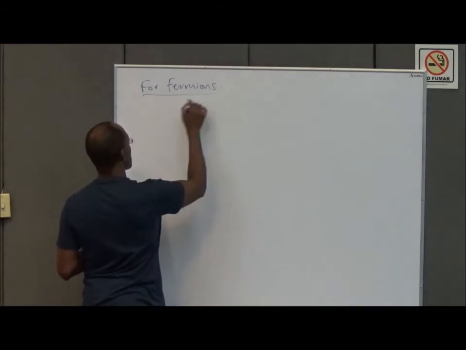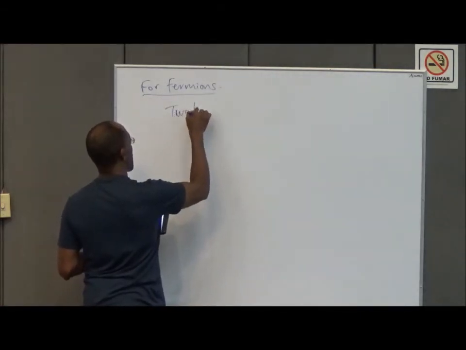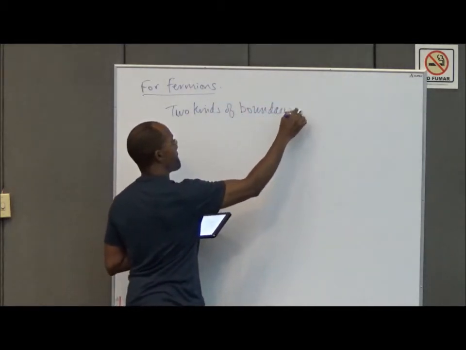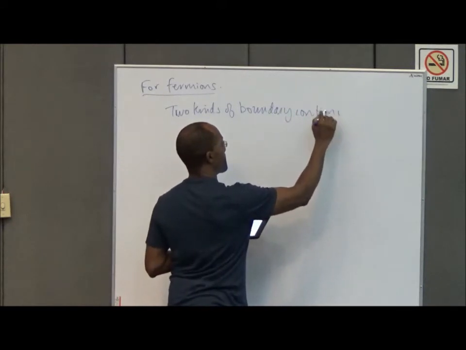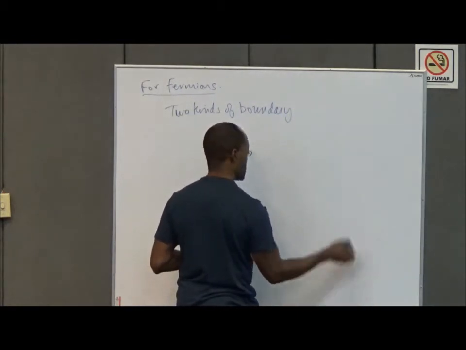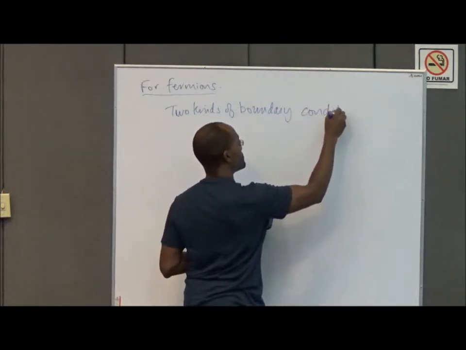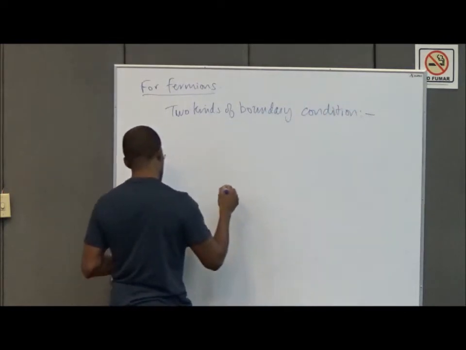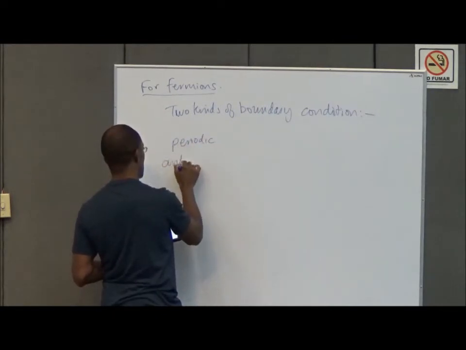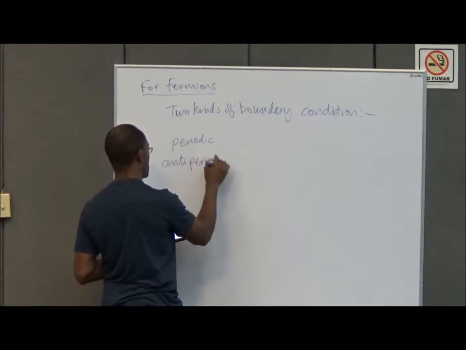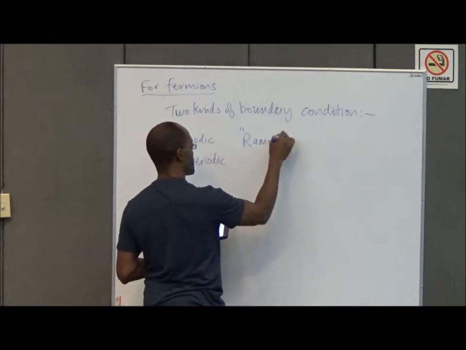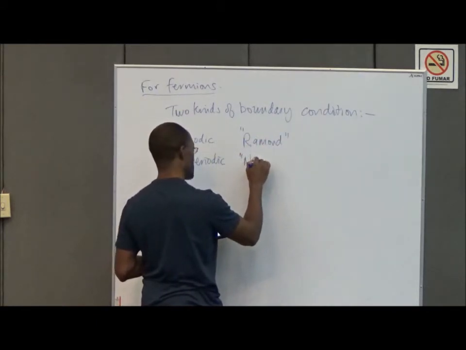So two kinds of boundary conditions: periodic or antiperiodic. That gives me what's called the Ramond sector, or the Neveu-Schwarz sector.